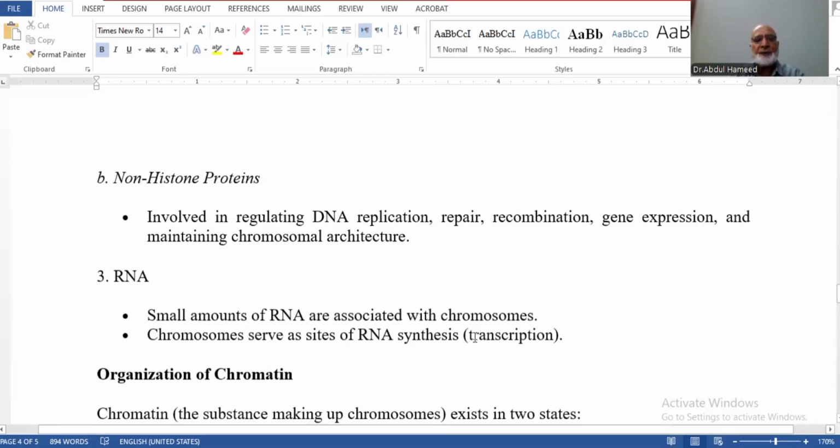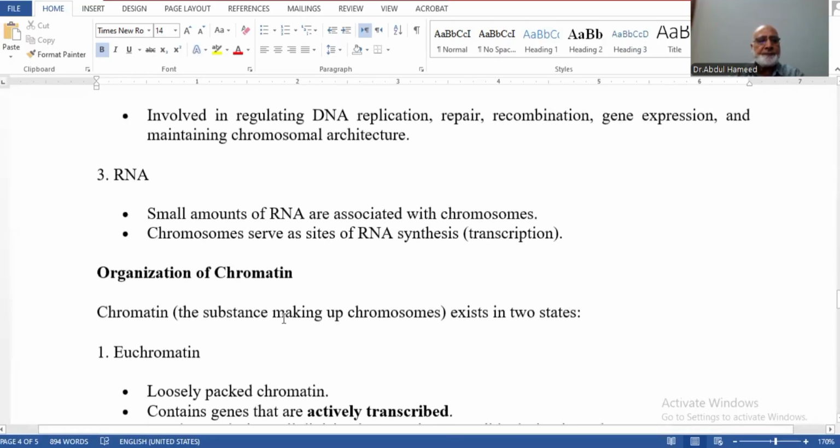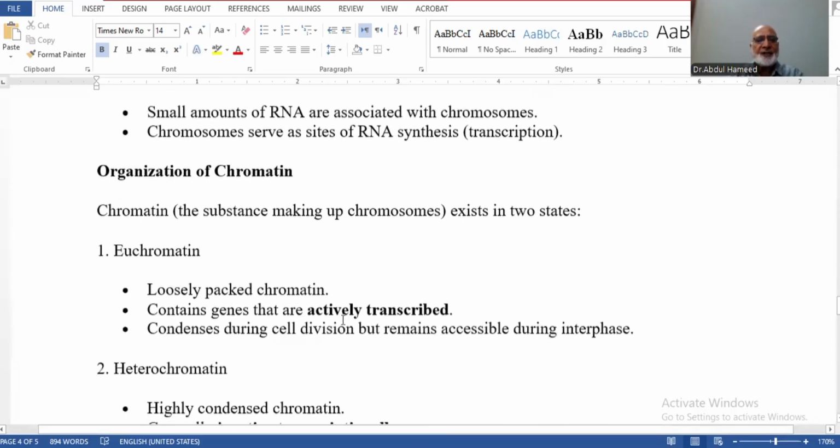Transcription goes on all the time when the chromatin material is present, when chromosomes are not in proper shape, and it is carried out by the machinery of the nucleus.